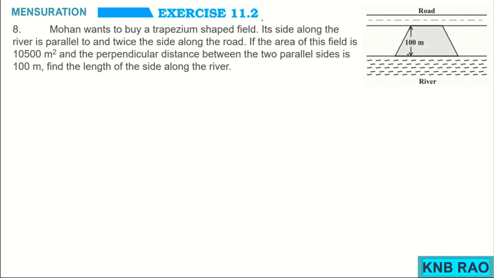If you observe, this field of the shape trapezium has got two parallel sides, one parallel side beside the road, another parallel side along the river. According to the question, the side beside the river is twice the side along the road. So our solution starts with an assumption.